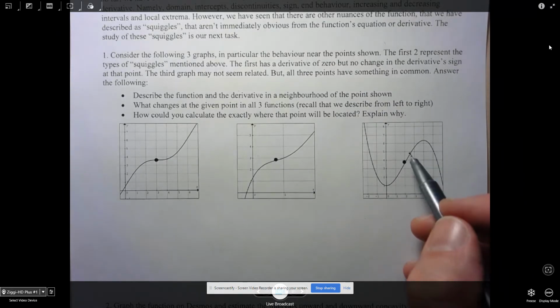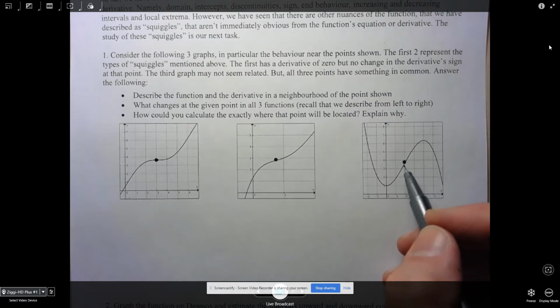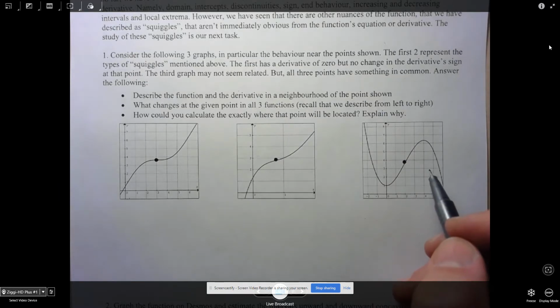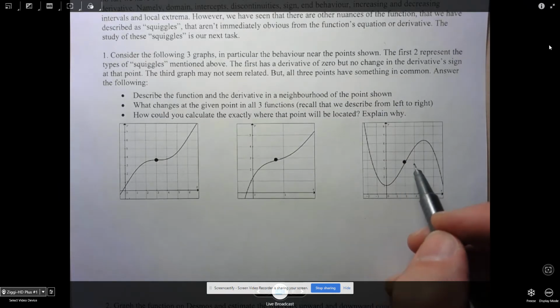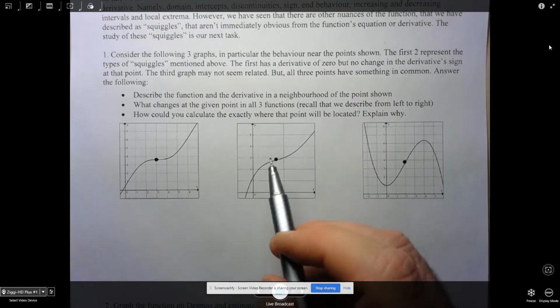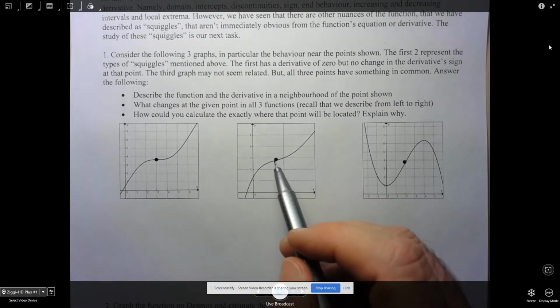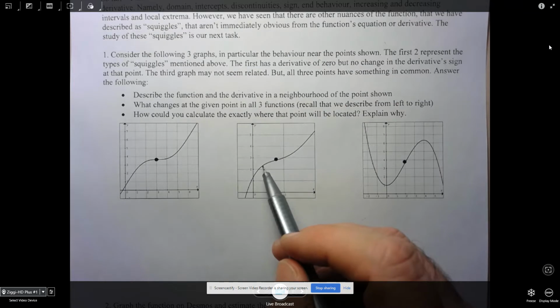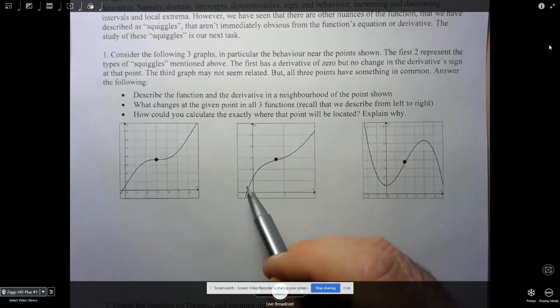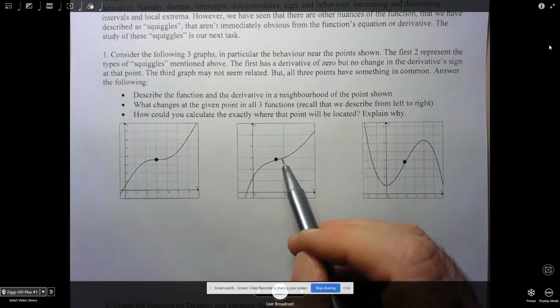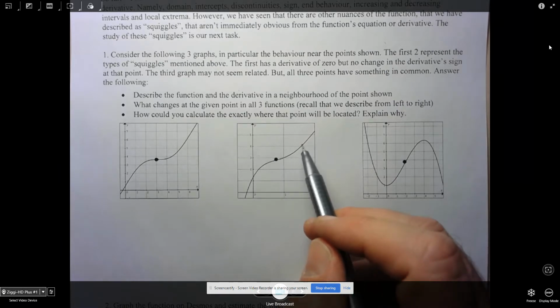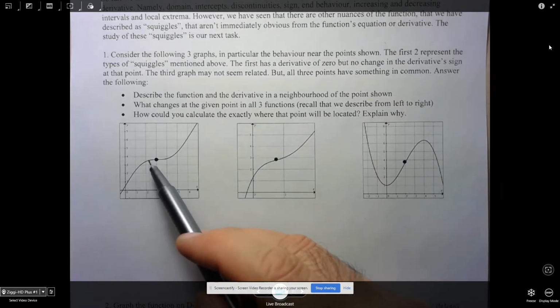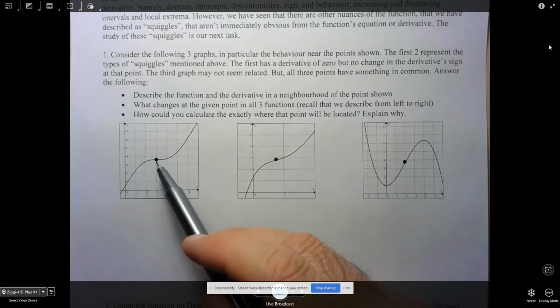This point seems to be where it changes from opening upward to opening downward. Now this has a very parabolic look to it, but if you look at these two here, to the left of this point, it does seem to be curving downwards, and then to the right of this point, it's curving upward. Similarly here, it has a downward curvature and an upward curvature.